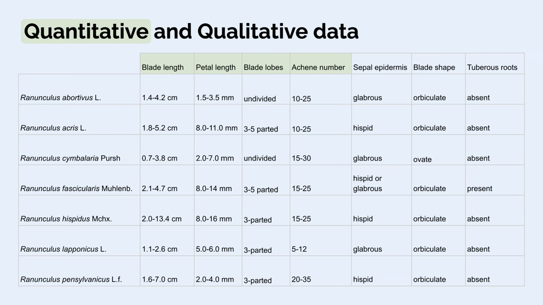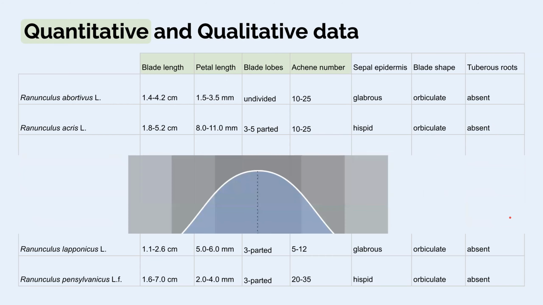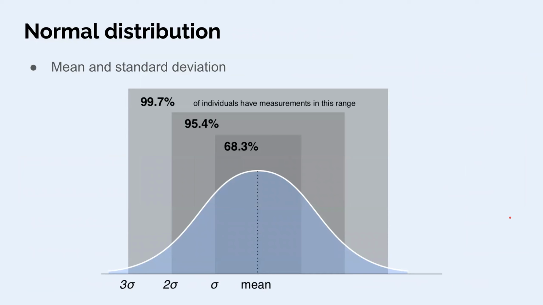You can put numbers to these. You could measure the ratio of the length to the width, but often they're just described as shapes. So where does orbiculate leave off and ovate pick up? Hard to say. Tuberous roots, absent, present. So, quantitative, qualitative, some examples for you. If you take something that is a numerical measurement, you often get one of these.